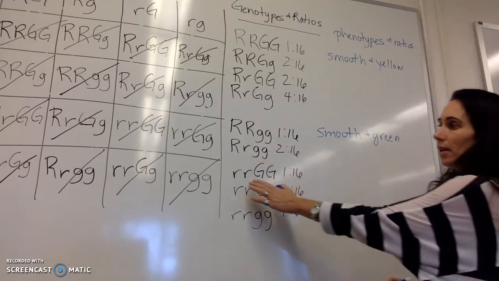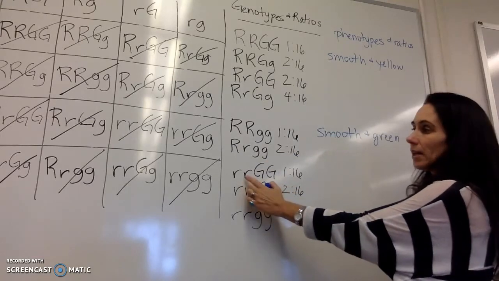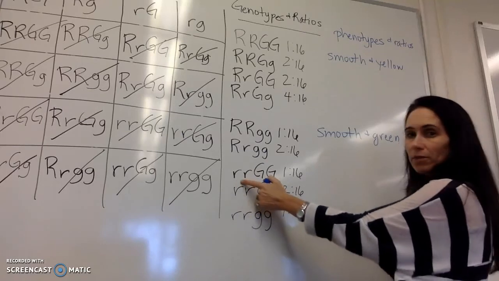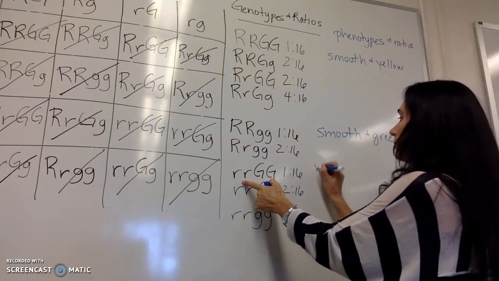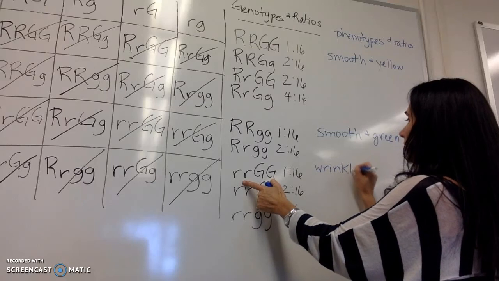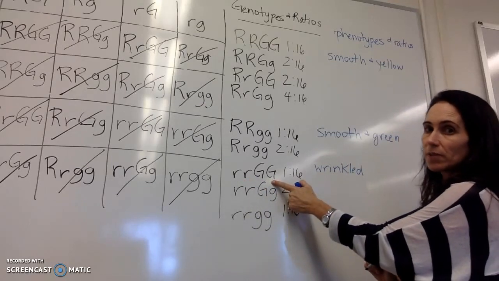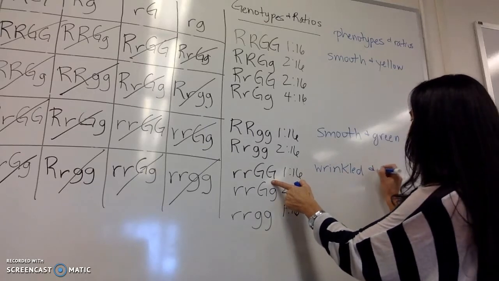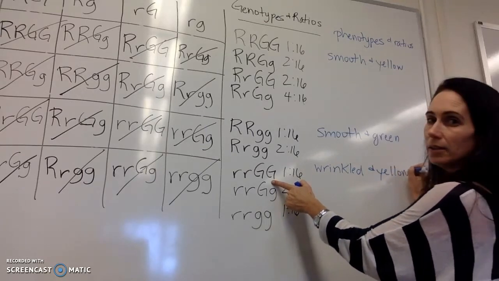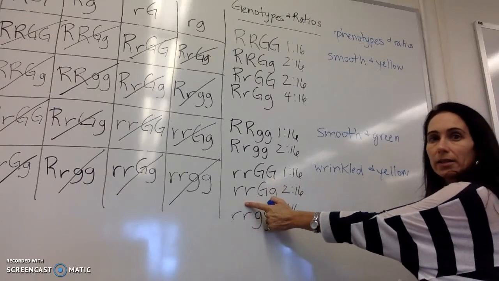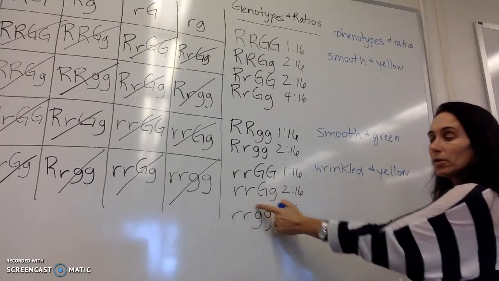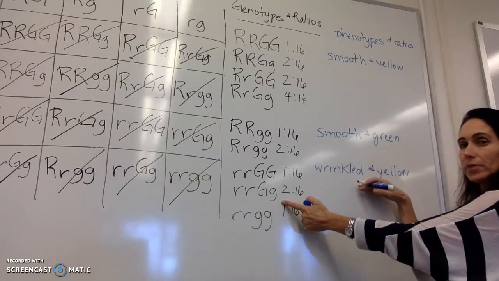Got it. Move down here, we get wrinkled. We have two recessive alleles that produces a wrinkled seed texture. And for seed color, two dominant alleles, which gives us a yellow seed color. Wrinkled and yellow. All right, this seed is also wrinkled and yellow, so we have it.